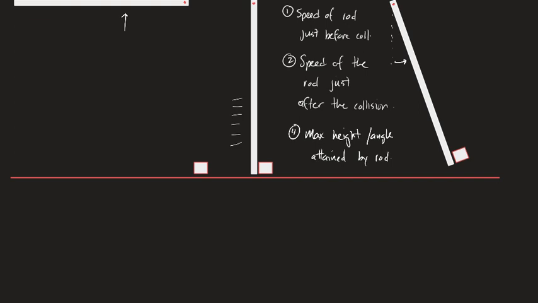Then the maximum height or the maximum angle attained by the rod after the collision. This is generally the questions that we tend to see in this kind of problem. And there are other side questions as well, and there's multiple ways to do this problem, a certain amount of liberty. But this is kind of what I want to look at for this particular question.